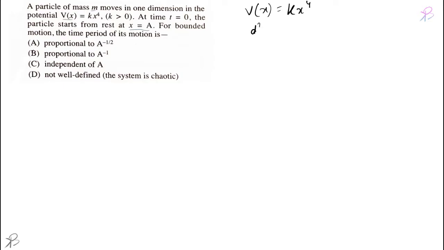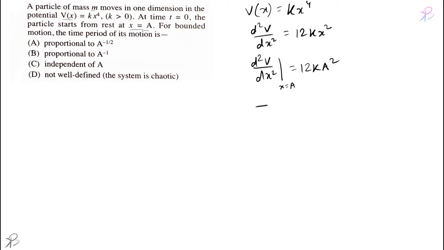If you do the double derivative, what you will get is 12kx^2. At x equal to a, this will be 12ka^2, right?